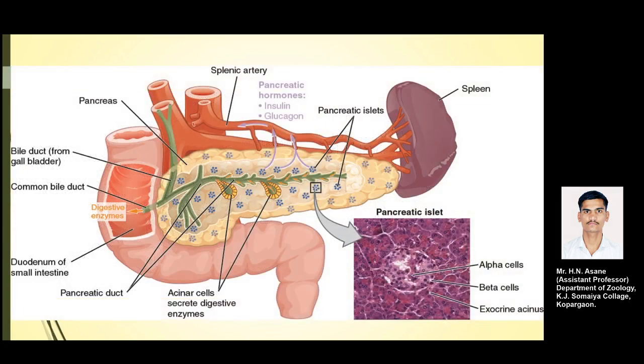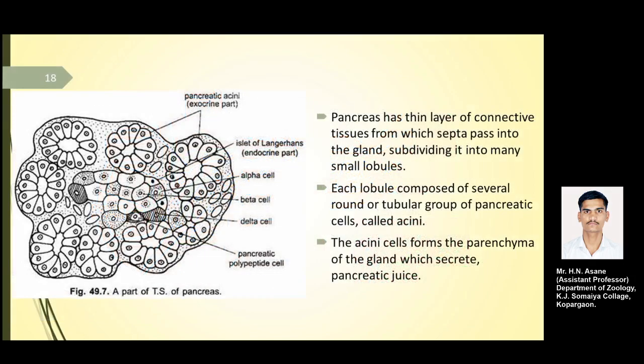The blue patches along the duct are the pancreatic islets, and they have their position between the acini and along the duct.